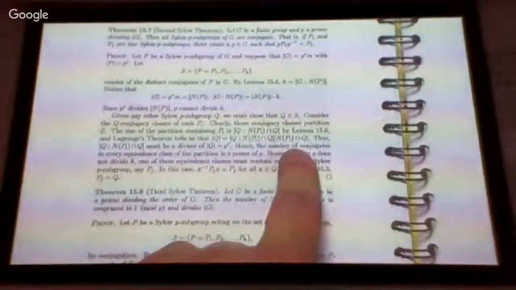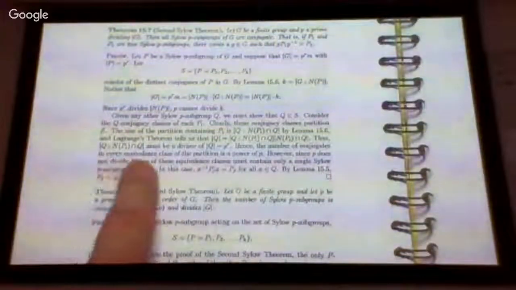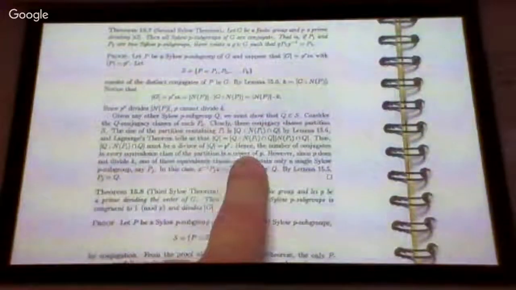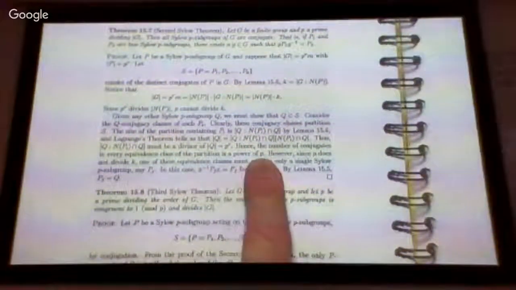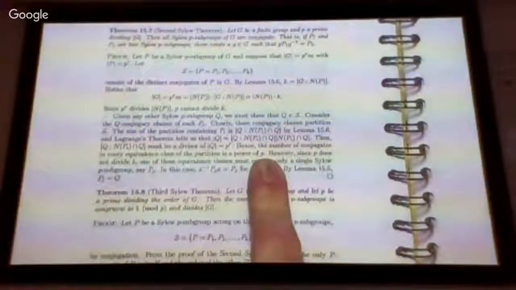We reached this conclusion: the number of conjugates in every equivalence class in the partition is a power of P. A power of P.